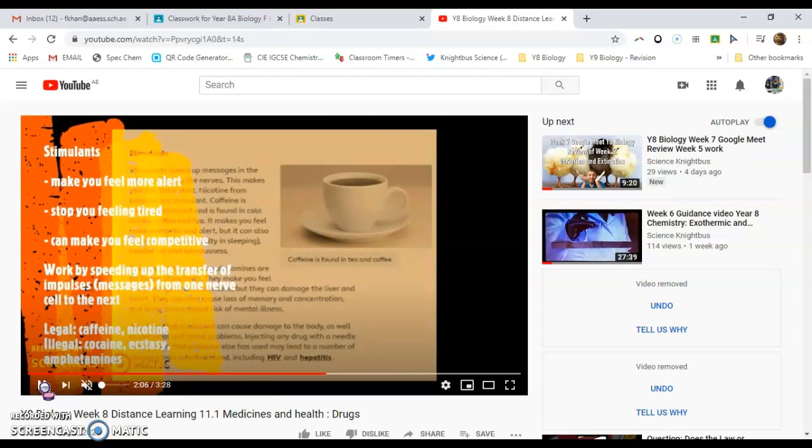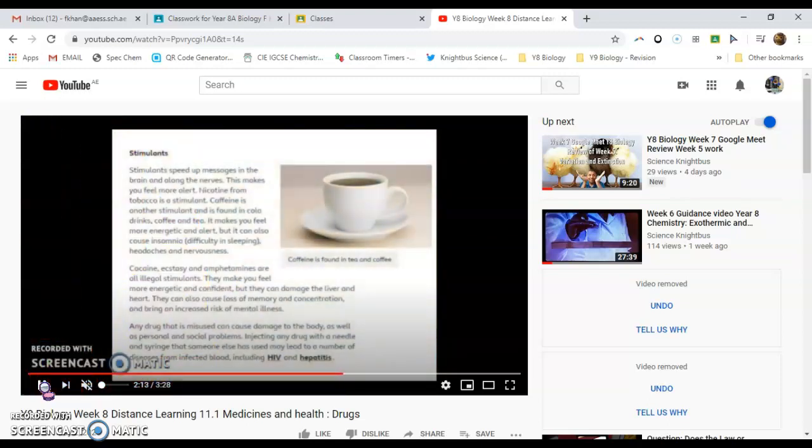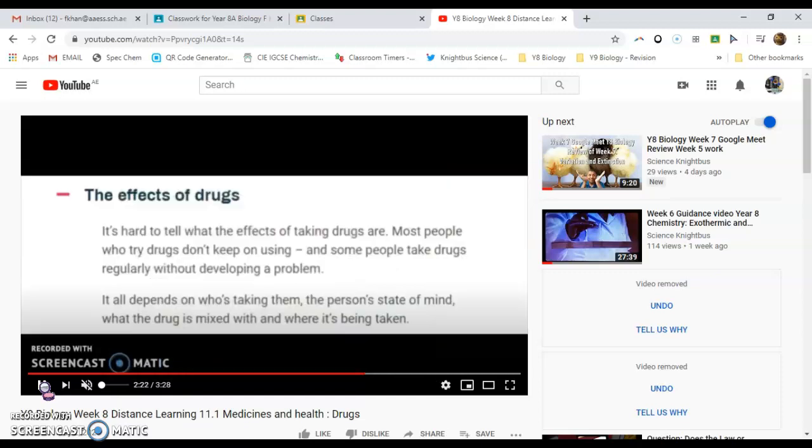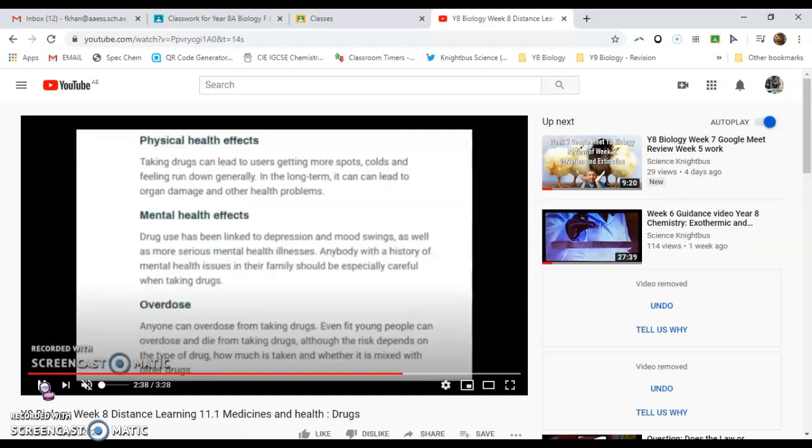It is forbidden for Muslims to drink alcohol, and I've put some information on there to link to that. Stimulants I've also put on there. There are legal stimulants like caffeine and nicotine, but also illegal ones like cocaine, ecstasy, and speed, and those are some of the stimulants that we're going to be talking about in future lessons.